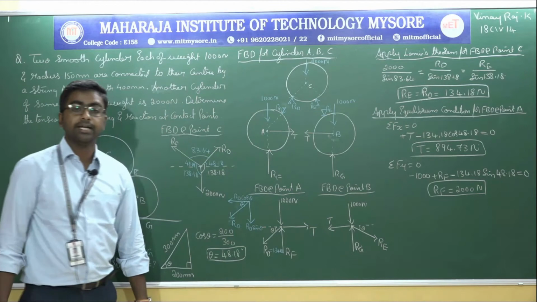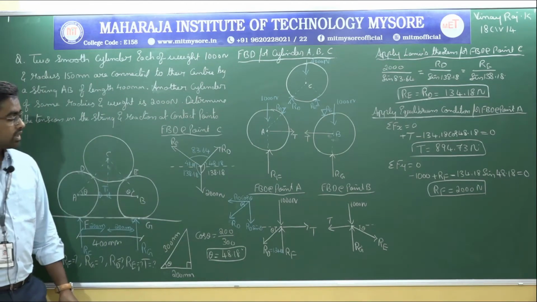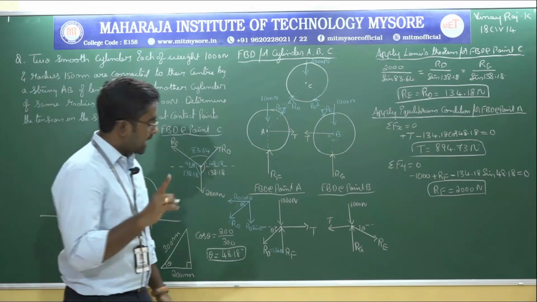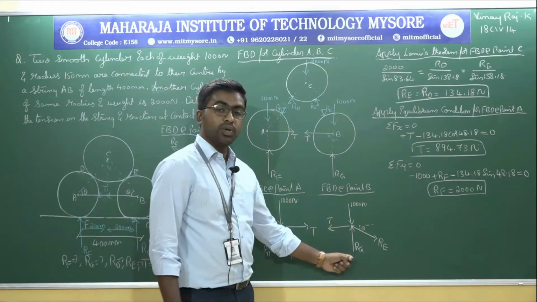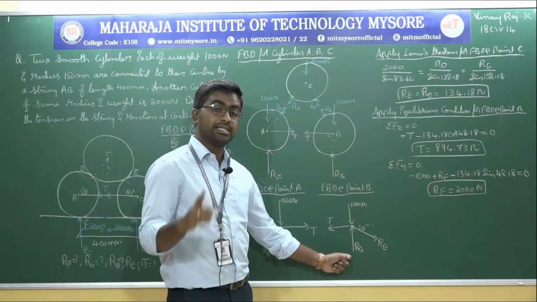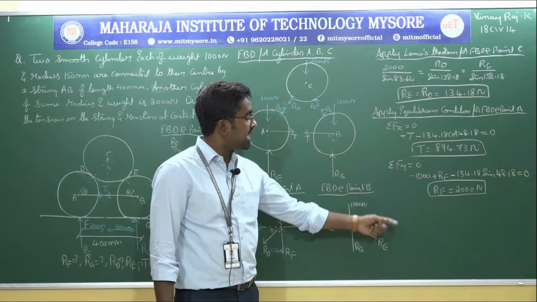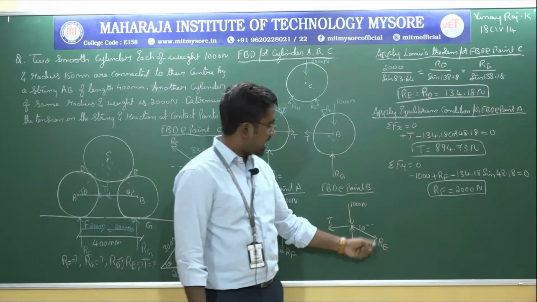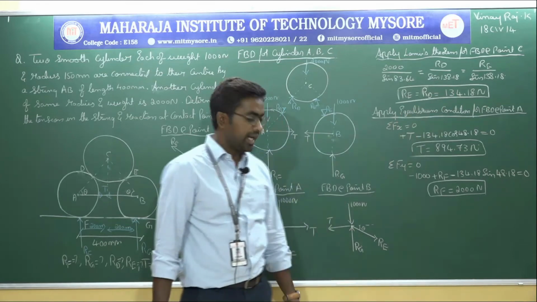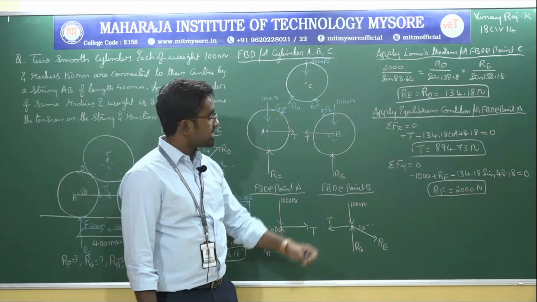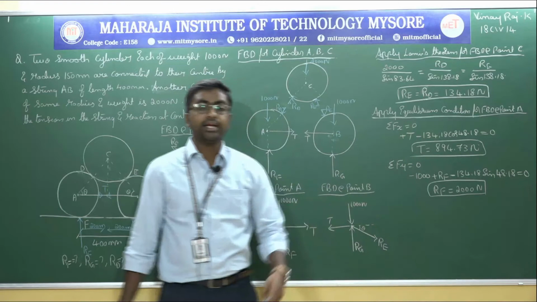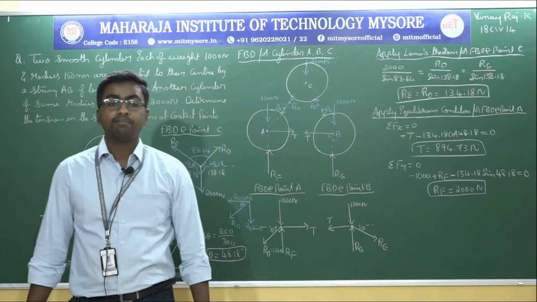Understood? Now there is only one unknown, and that is Rg. So in this free body diagram, there is only one unknown, Rg, because the Re value is 134.18, and I also know what the T value is now. T is equal to 894 point something, right?